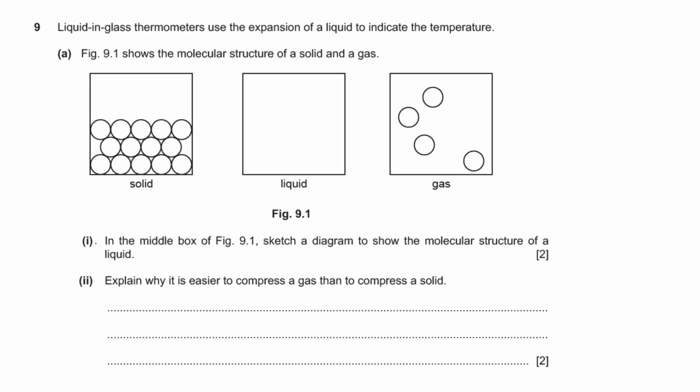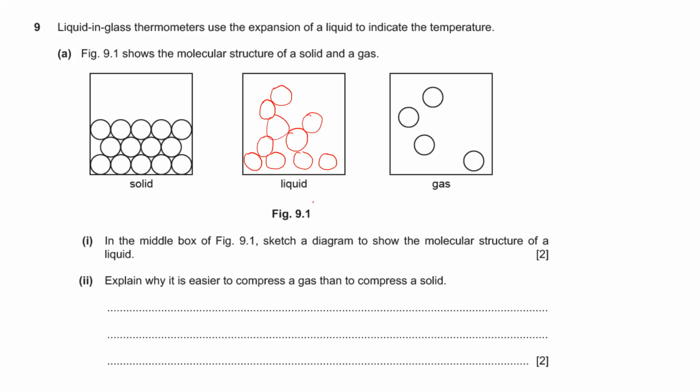In part 1, it says in the middle box, sketch the diagram to show the molecular arrangement of a liquid. So when we have to draw the molecular arrangement of a liquid, we have to draw molecules which are loosely packed but close to each other. So loosely packed, so we may have 4 over here, somewhat here, here, here, here, here, something like this.